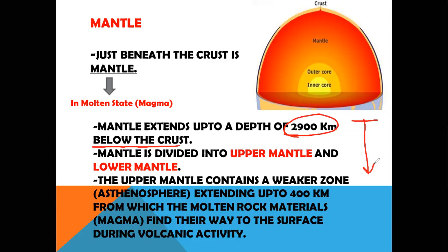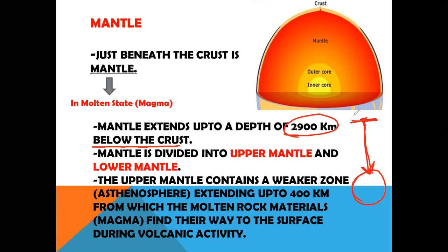I'll repeat again, as we move from the crust towards the core, the density increases. So the core of Earth has the highest density while the crust has the lowest density.